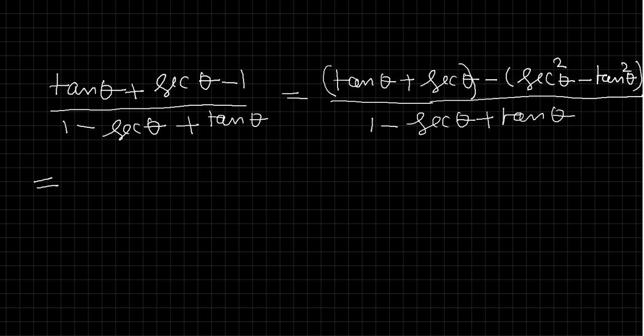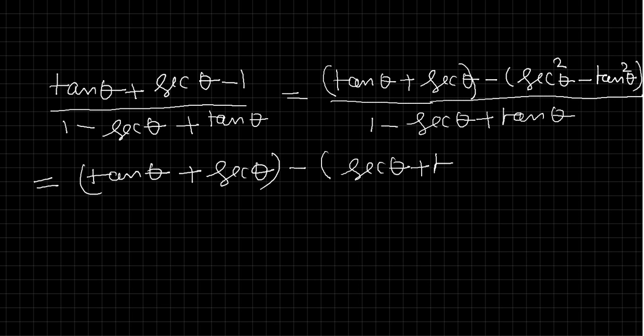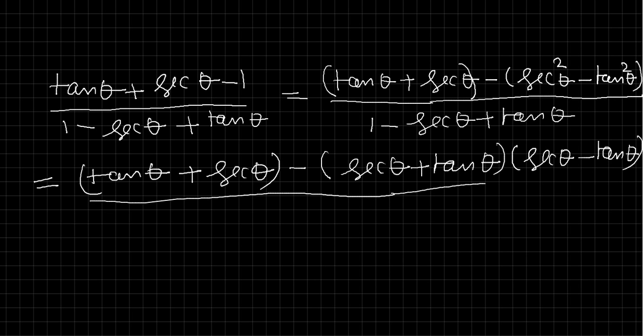So the numerator is (tan theta plus secant theta) minus, using the a square minus b square formula, (secant theta plus tan theta) multiplied by (secant theta minus tan theta), and this whole divided by (1 minus secant theta plus tan theta).